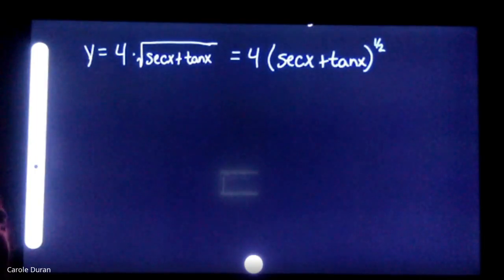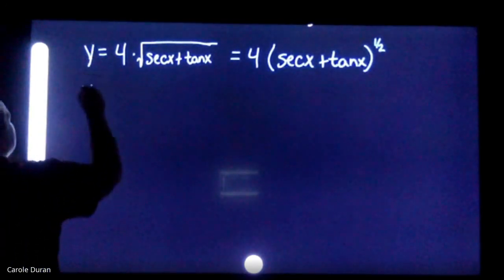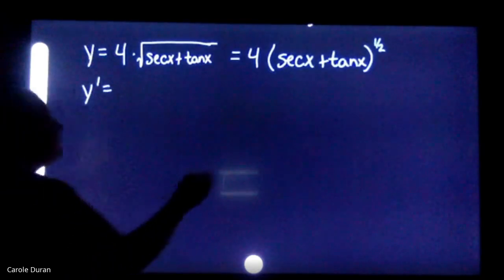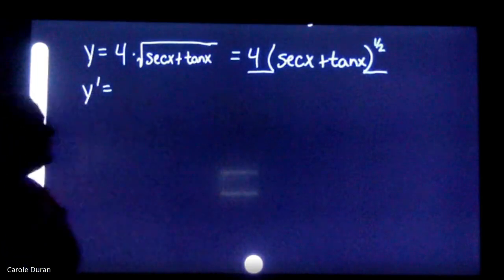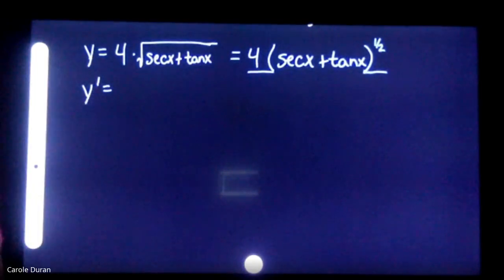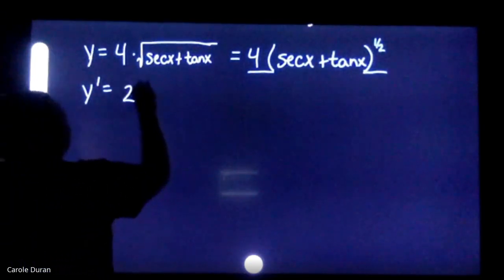This one is not a product rule problem because there's no variable attached to my 4, so I treat it like a constant that's out front. So this is just a chain rule problem. When I go to take the derivative of this, my outside function is 4 parentheses to the 1/2 power, which means when I take the derivative of that, the 1/2 will multiply into the 4 to become a 2.